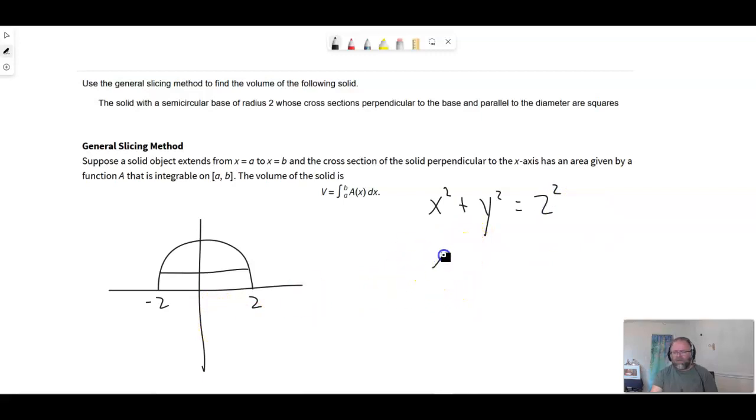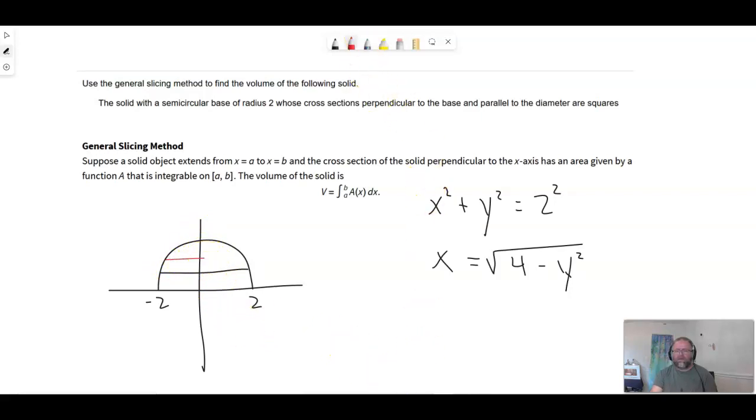So if we subtract y squared from both sides and take the square root, we're going to have x is equal to the square root of 4 minus y squared. And that is going to be the actual distance at any point between y is equal to 0 and y is equal to 2.